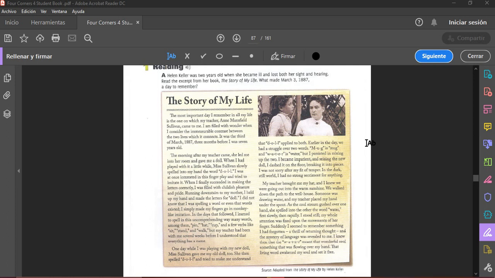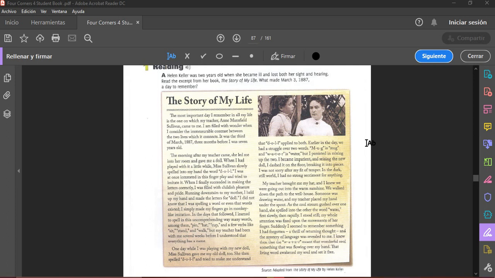When I finally succeeded in making the letters correctly, I was filled with childish pleasure and pride. Running downstairs to my mother, I held up my hand and made the letters for doll. I did not know that I was spelling a word, or even that words existed. I simply made my fingers go in monkey-like imitation.